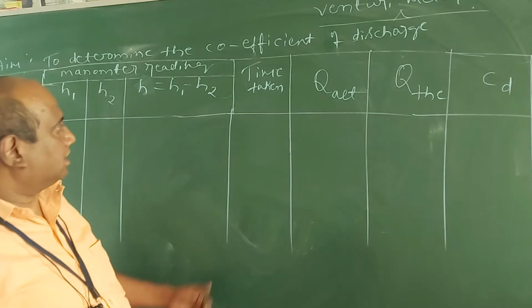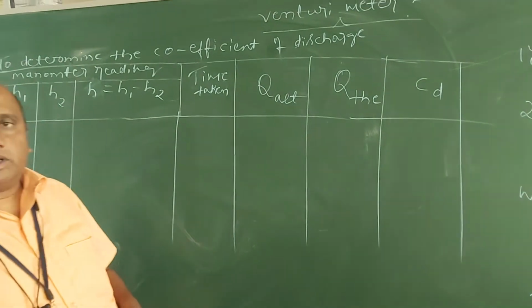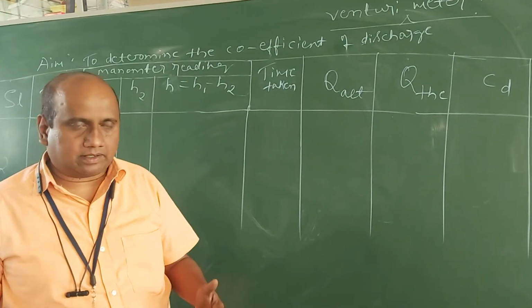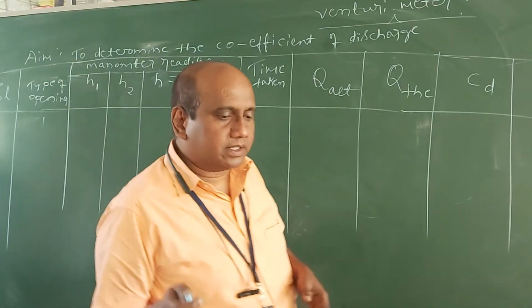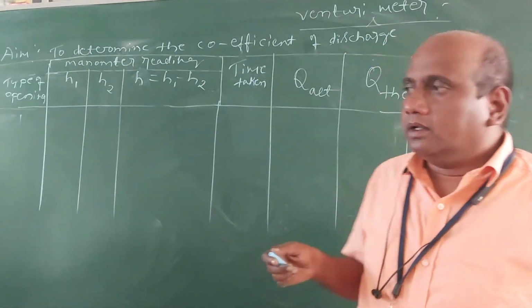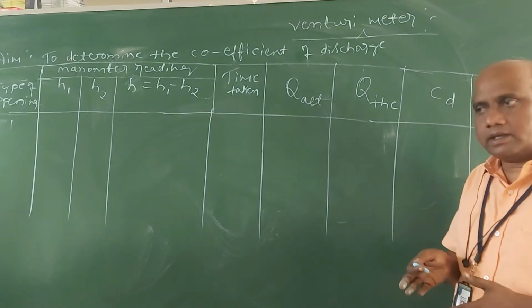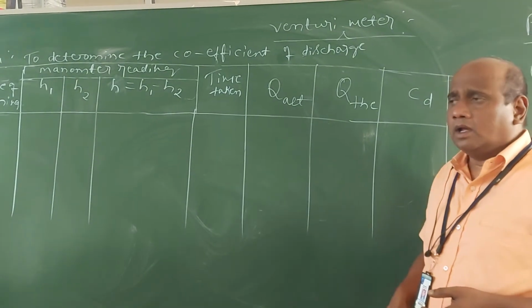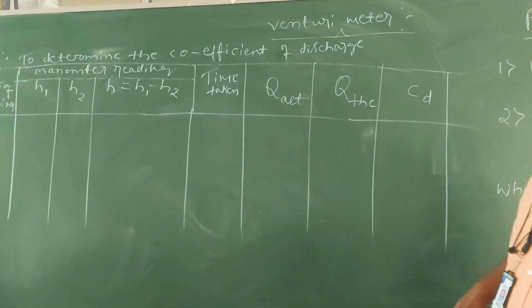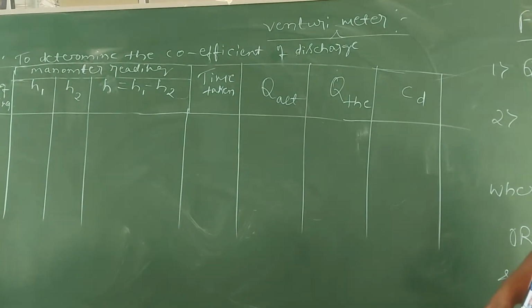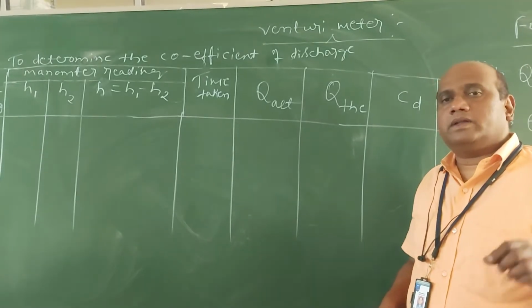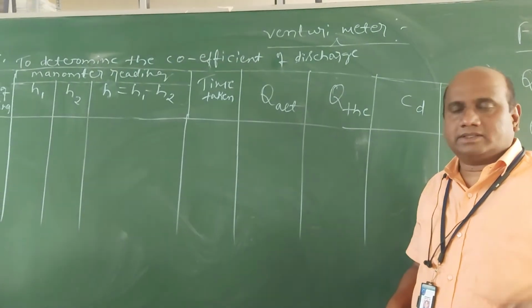After that, the water, when you allow it through the pipe, has to be discharged into the collecting tank. Attached to that collecting tank, a scale is fixed, with which you can read the amount of water collected when it is allowed to discharge into the collecting tank.